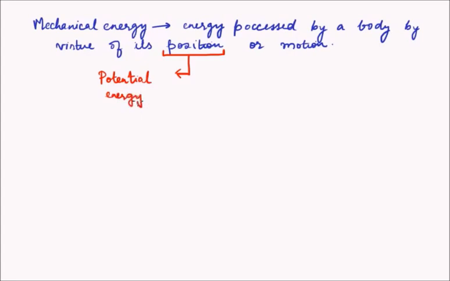And the component which is due to the motion is called the kinetic energy. So fundamentally, mechanical energy is the sum of the potential energy and the kinetic energy of the body.